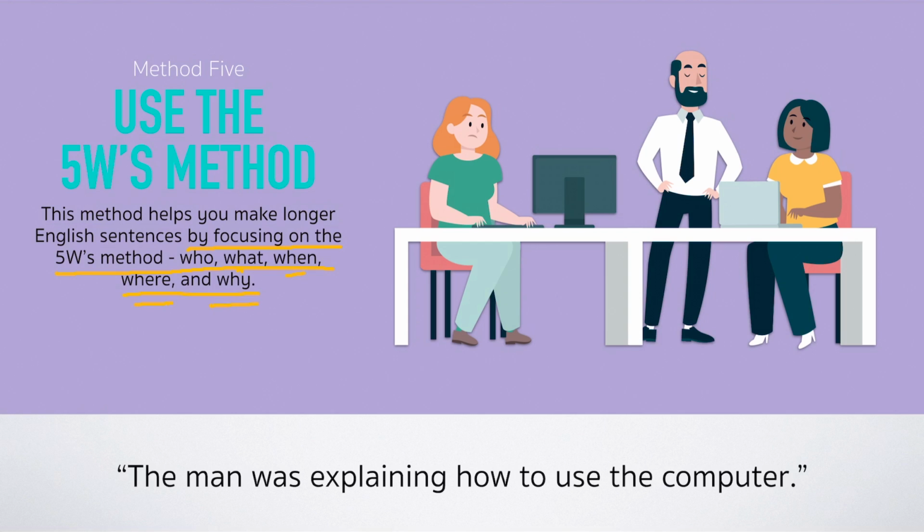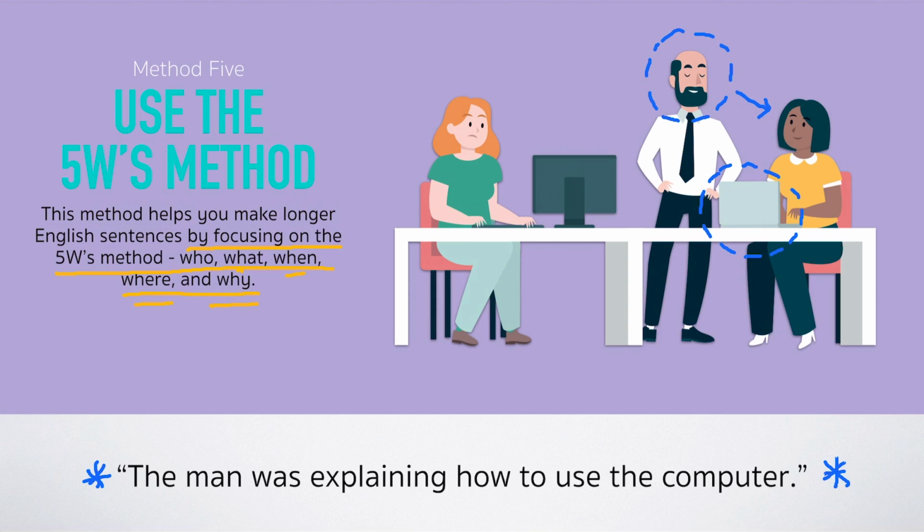So again, our sentence right here says, the man was explaining how to use the computer. We do see the man right here, and it looks like he is talking to this woman. And we do see the computer right here. So it's easy to say that he's explaining how to use it.